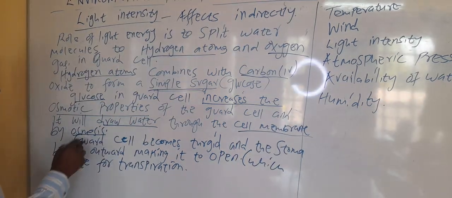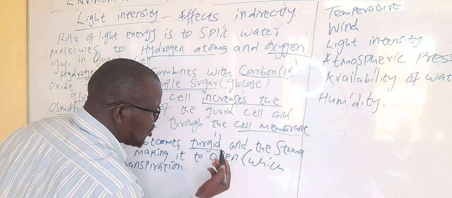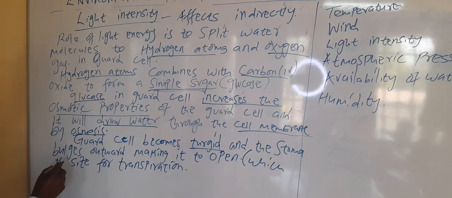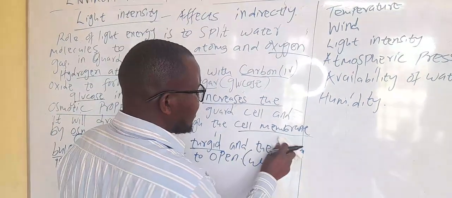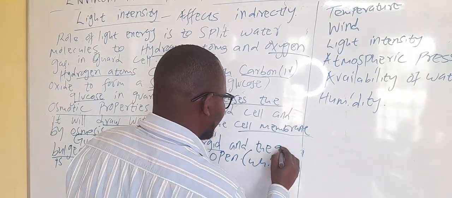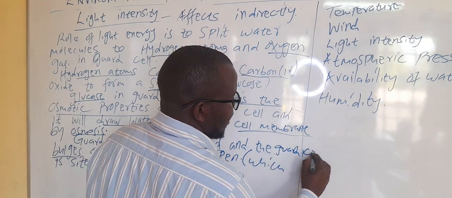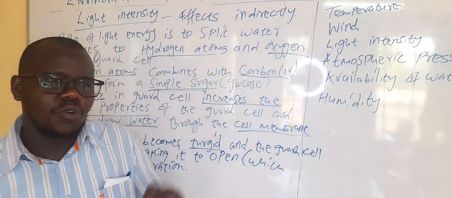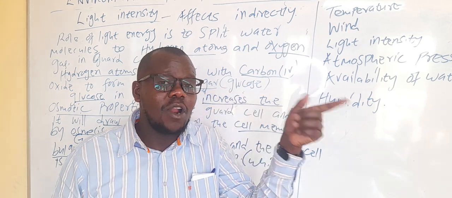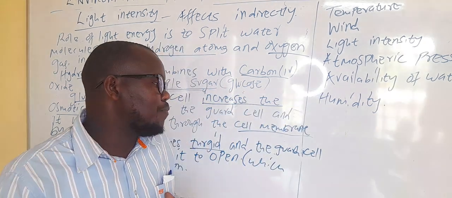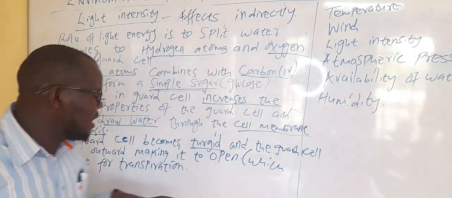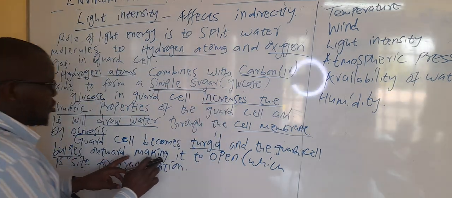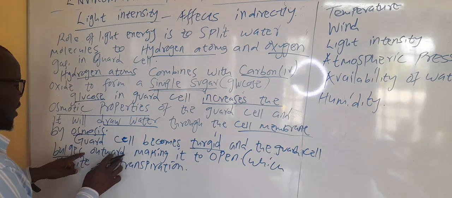osmosis. This makes our guard cell become turgid. It's not the stoma that becomes turgid, but the guard cell. In the guard cell we have some adaptations: the inner wall and the outer wall. The inner wall will bulge more than the outer wall, and this leads to the stoma opening, bulging outwards.